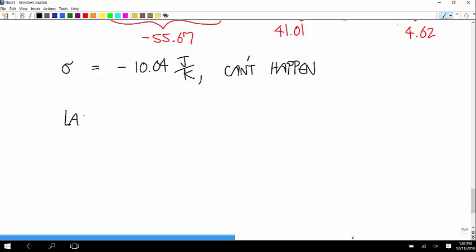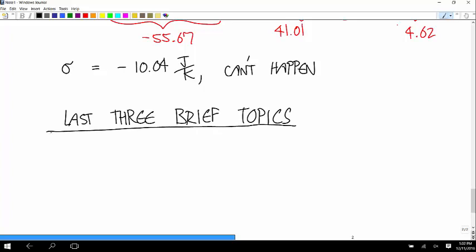So here are the last 3 brief topics. The first one is entropy balance for control volumes.